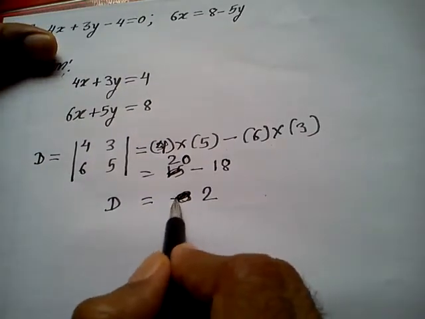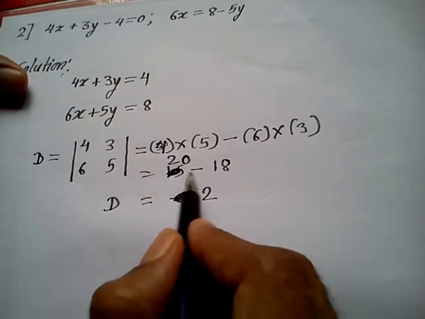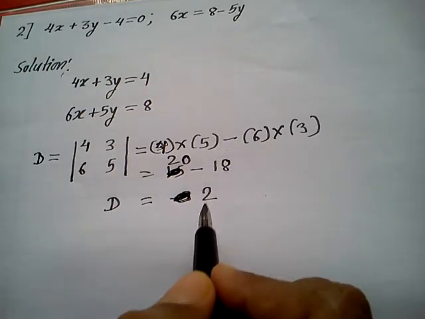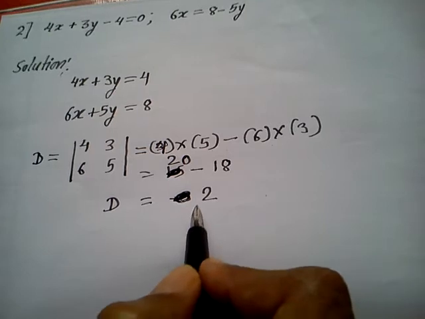Is it clear now? 20 minus 18, so d will be, what will be the d? d is equal to 2.